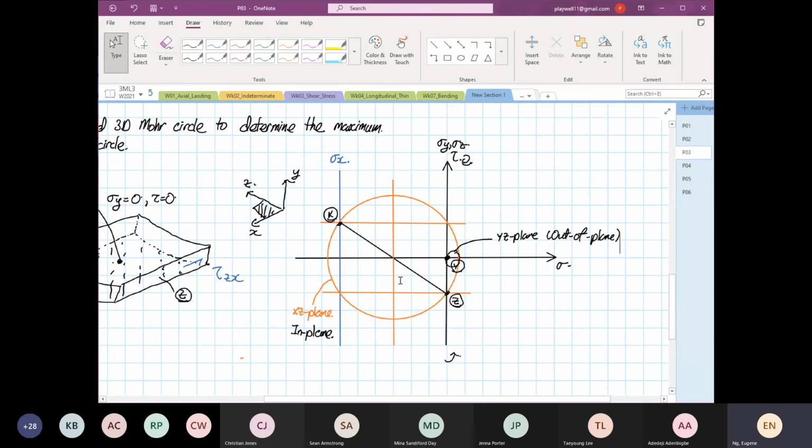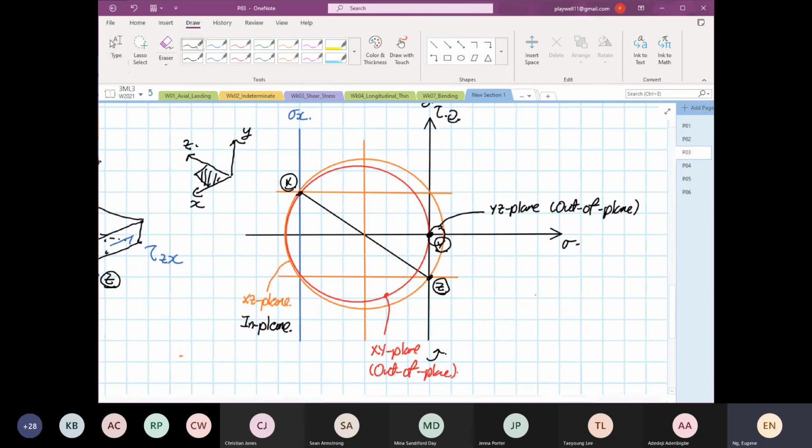And the next circle, I'm just sketching this, is your third circle. This is your XY plane, and again this is your out of plane.